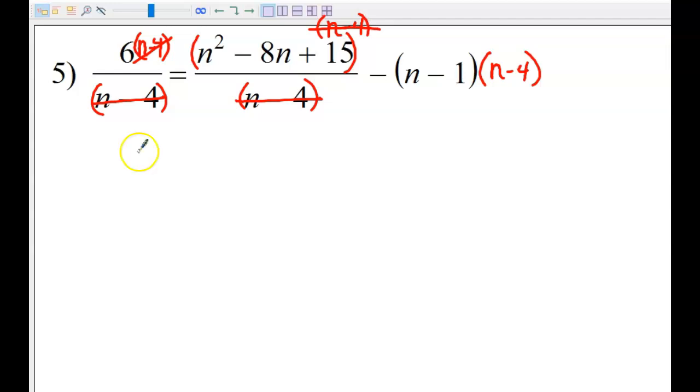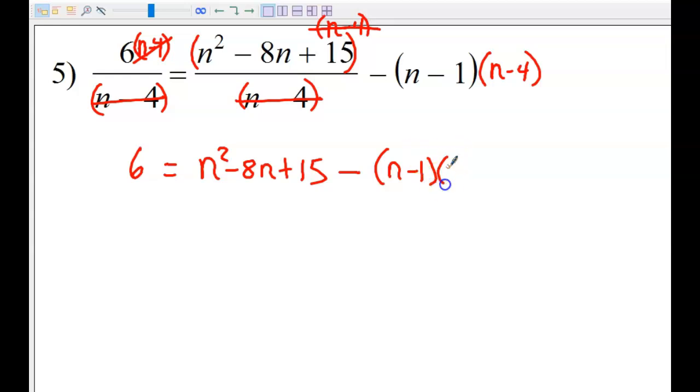Okay, so I've got 6 is equal to just the top now, because the bottom's gone, minus this. So here's one difference. And we talked about that in class today. You guys hopefully recognize that that's a box problem, right? So we need to do the box multiplication to figure out that answer.